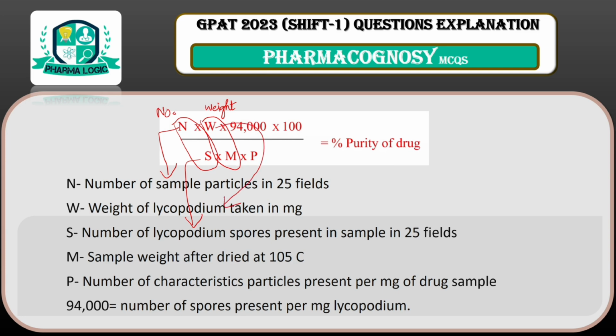W is the weight of the Lycopodium taken in mg and M is the weight of the sample after drying at 105 degrees Celsius. Then what is P? P is the number of characteristic particles present per mg of drug sample. If you take ginger as your drug, then P is equal to 28600 starch grains.